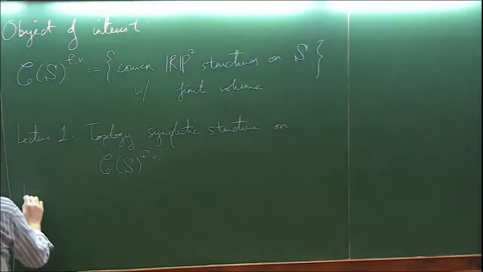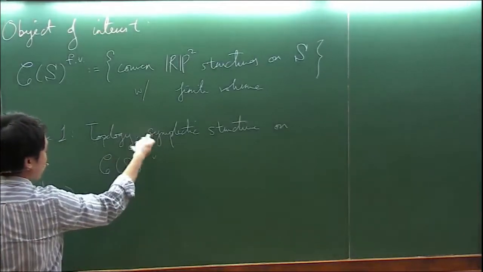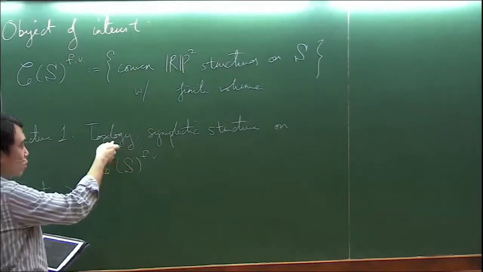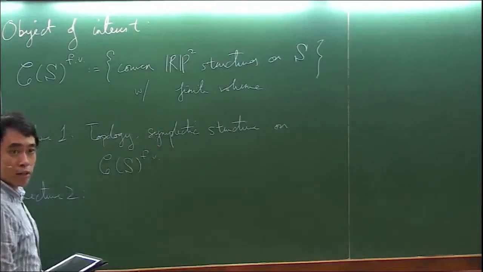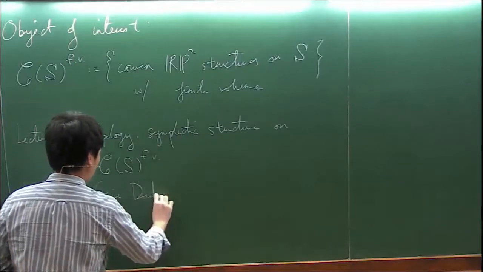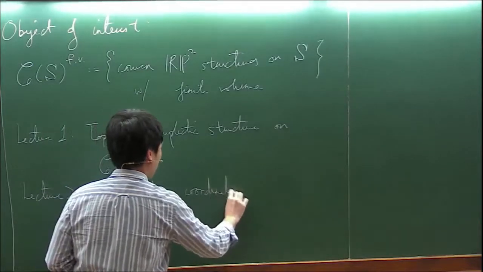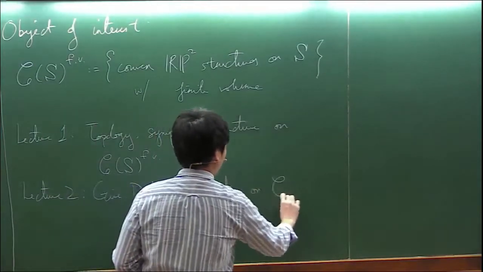Then in the second lecture, I would like to describe this structure on this moduli space, the topology and symplectic structure, in a more explicit way. So I'm going to give you Darboux coordinates on this space.